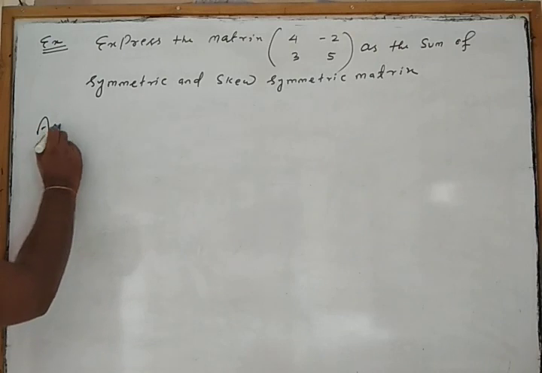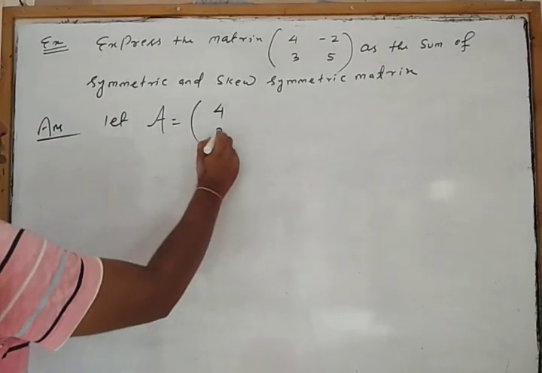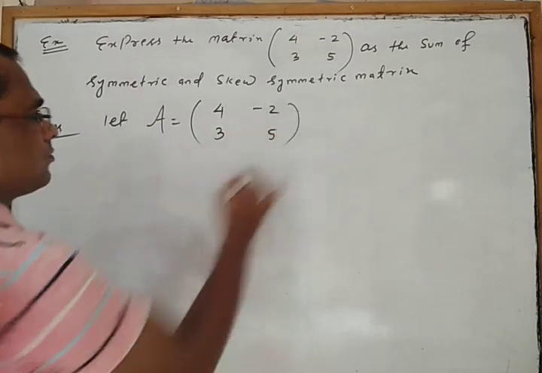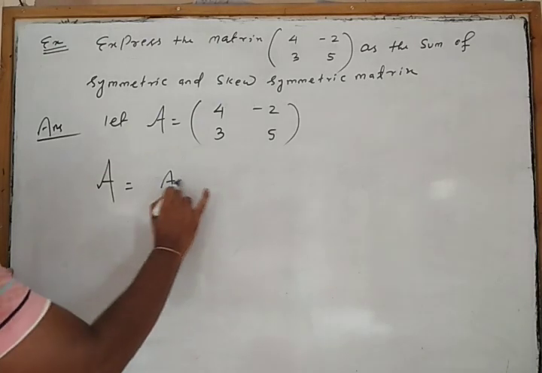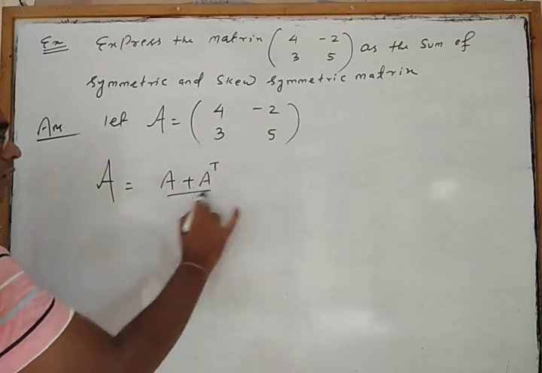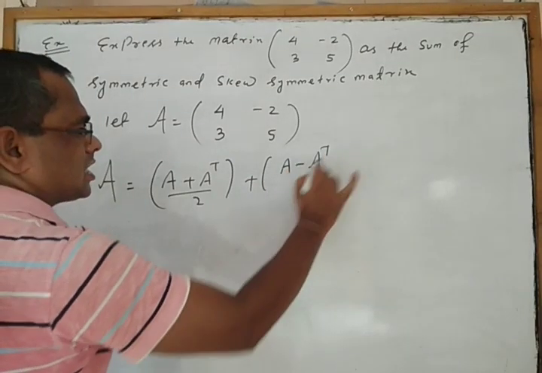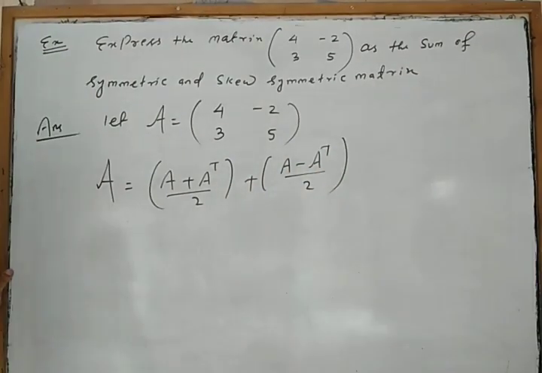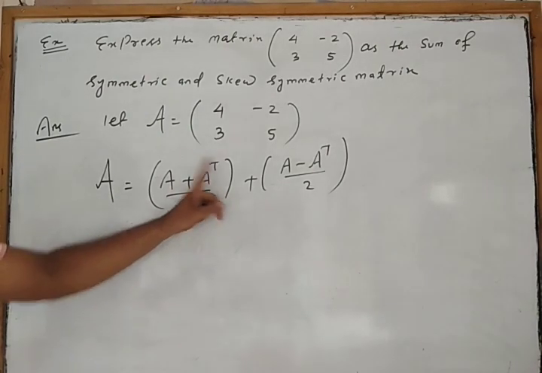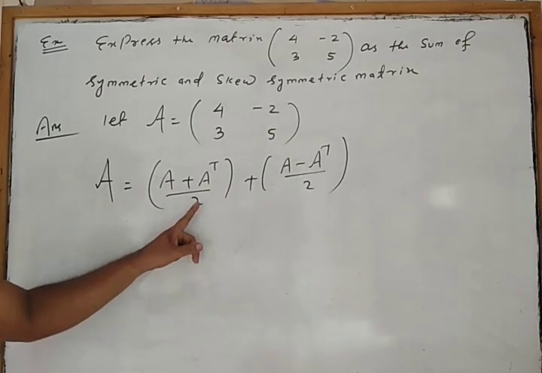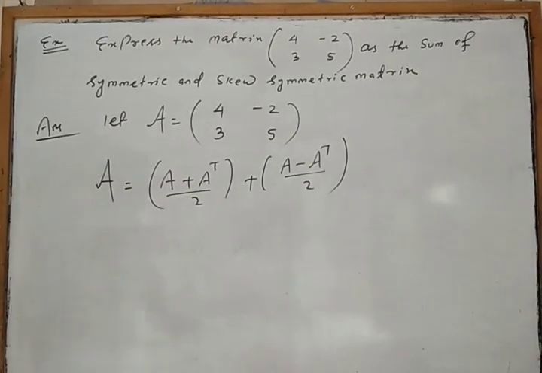So first take this as A. You know A is equal to (A plus A transpose) by 2 plus (A minus A transpose) by 2. Clearly this is a symmetric matrix because A plus A transpose is symmetric, and the by 2, a scalar multiple, is also symmetric, and this one is a skew symmetric matrix.